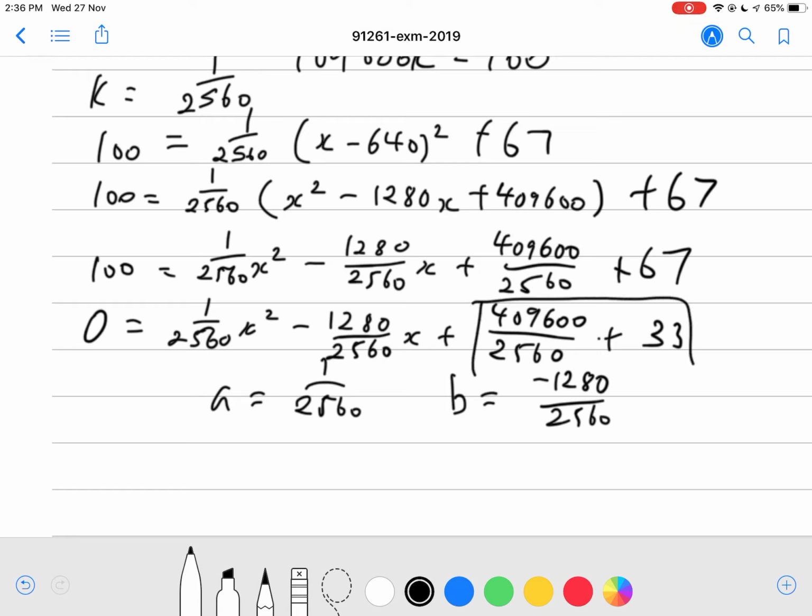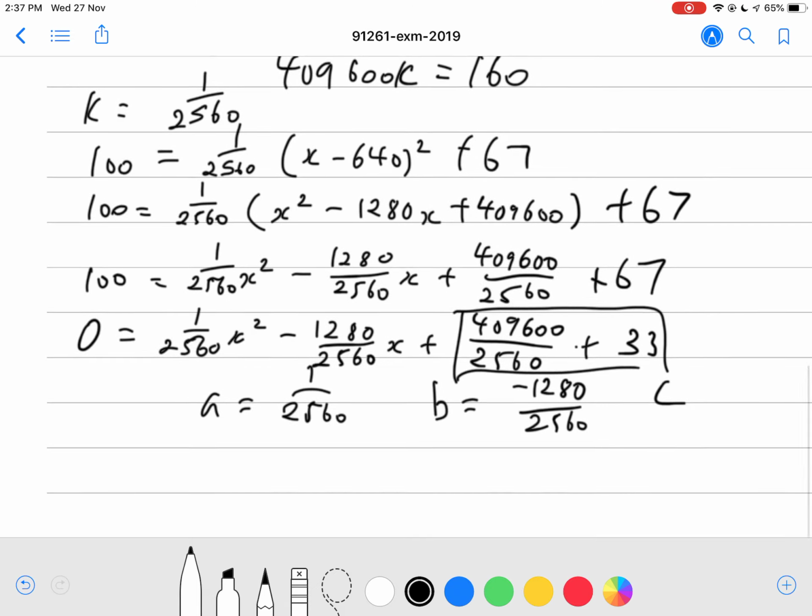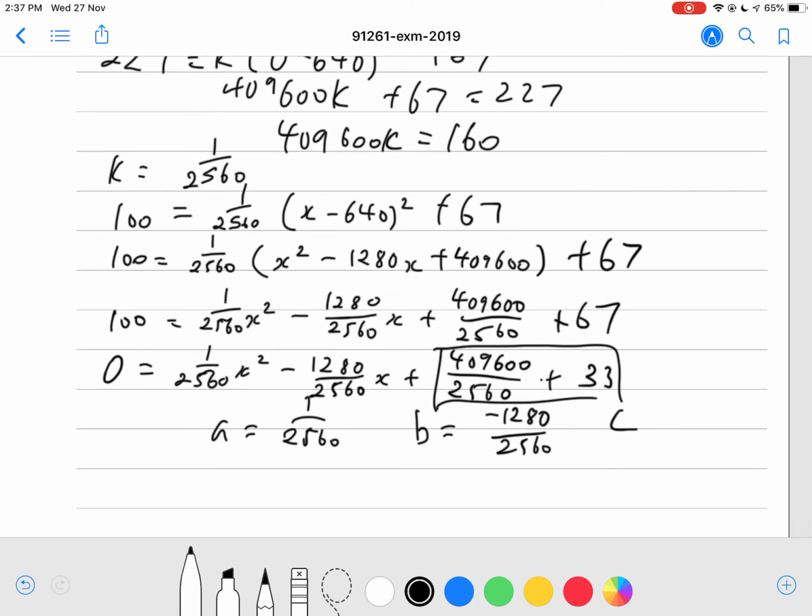So this entire thing is C. No, this is minus 33, I'm pretty sure.